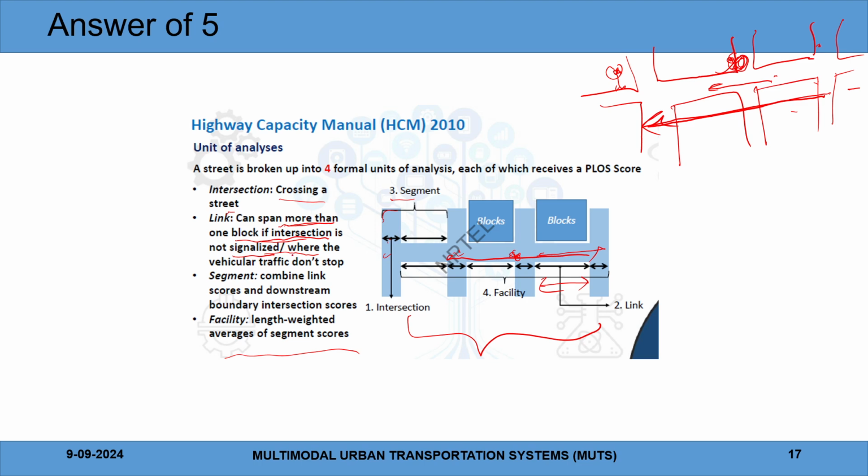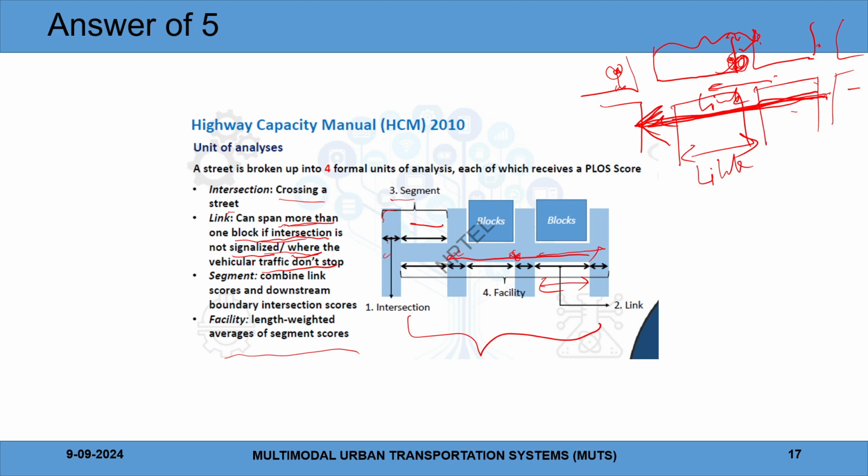That is, not signalized or where the vehicular traffic doesn't stop. So if the vehicular traffic is not stopping, then it can be from here to here, or if it is stopping, then this one can be a link, or this one can be a link. And this segment is the combined link scores and the downstream boundary of the intersection. So if you consider this one as a link, then the segment includes this downstream one.